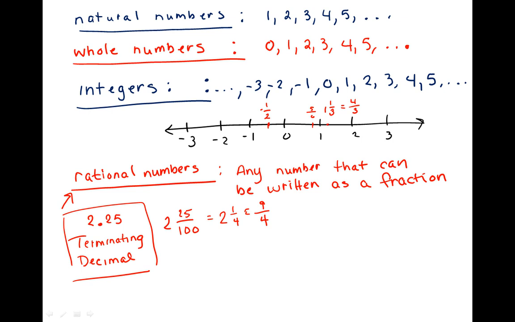Also, think about a fraction such as 1/3. If you plug it in on your calculator, 1 divided by 3, that is equal to 0.3 with a bar over it because the 3 repeats.